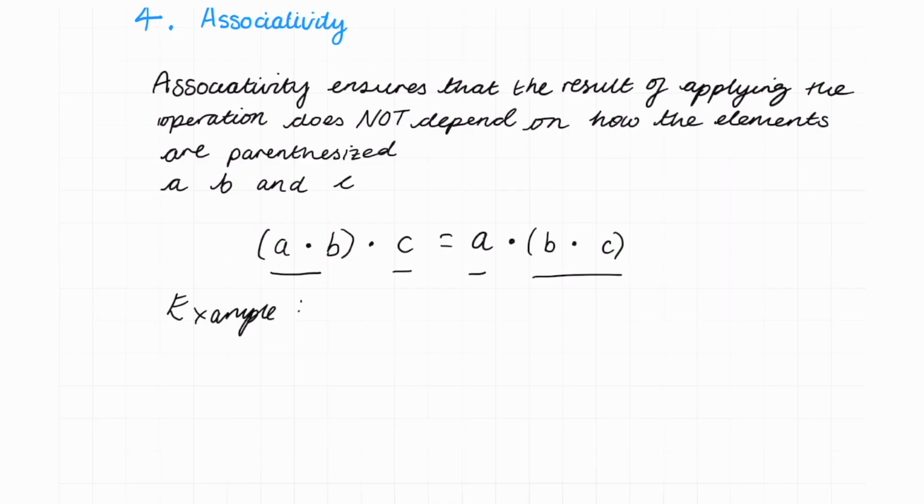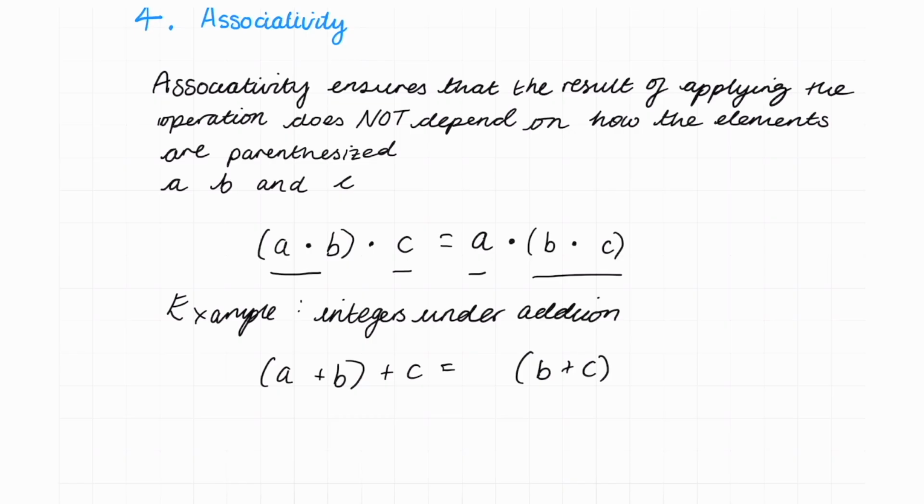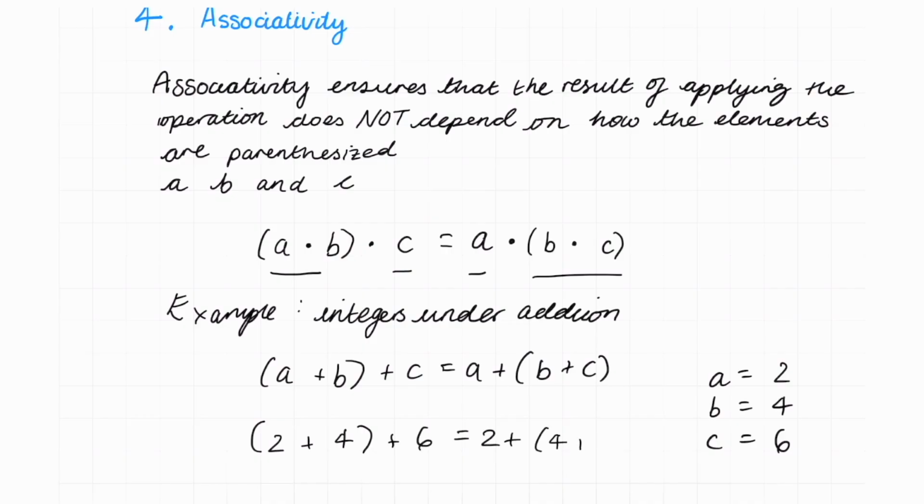And as always, let's take the set of integers under addition. We can say A plus B, then added with C, is equal to B plus C, and then A added with the result of that. If we take A equals 2, B equals 4, C equals 6, 2 plus 4 plus 6 equals 2 plus 4 plus 6, 2 plus 4 is 6 plus 6 equals 2 plus 10.